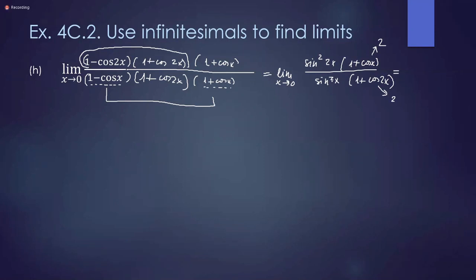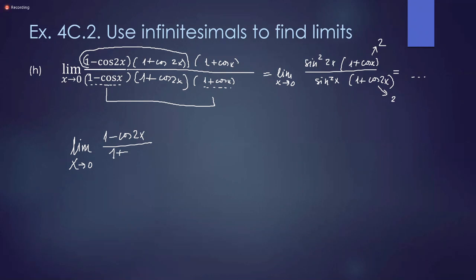However, now I will show you the same limit using the equivalence approach. It was originally 1 minus cosine 2x divided by 1 minus cosine x.